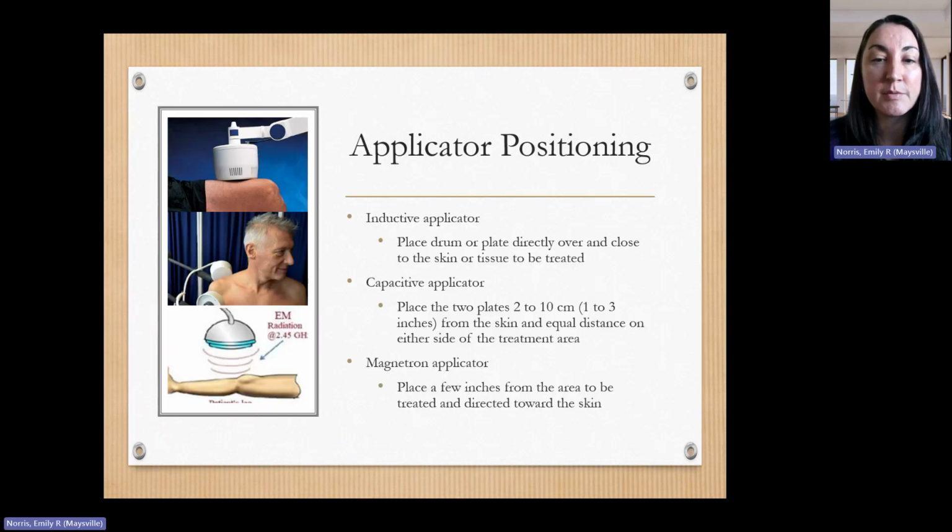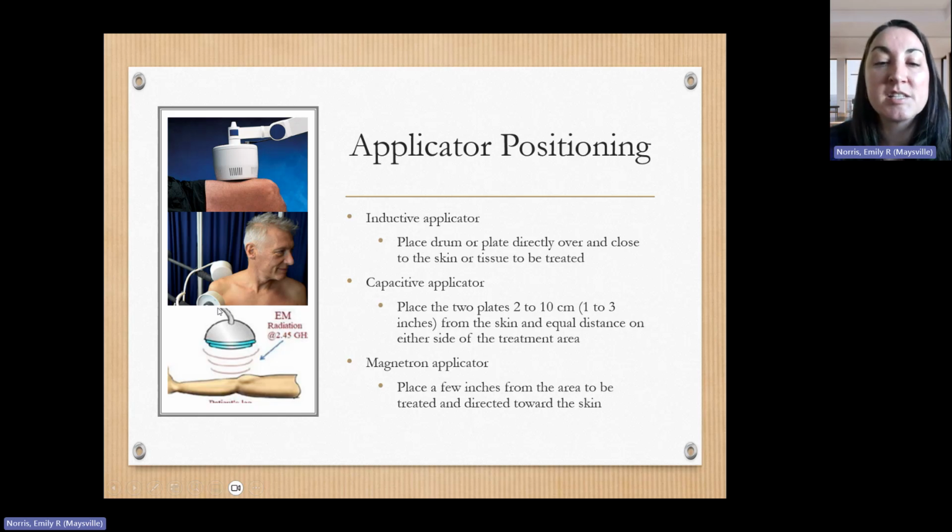The different types of applicators. So the inductive that we talked about with the coils, you need to place the drum or the plate directly over and close to the skin or tissue being treated. So it's almost touching the skin. The capacitive applicator is the one with an applicator on either side.